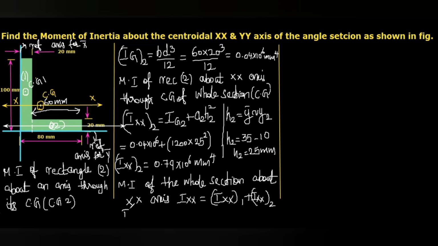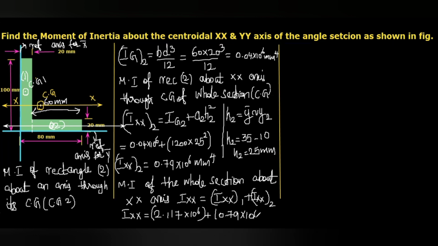So when you add both the values, Ixx that equal to 2.117 multiplied with the 10 power 6 plus this value 0.79 multiplied with 10 power 6. Finally, we will get the value Ixx that equal to 2.907 multiplied with the 10 power 6 mm power 4.